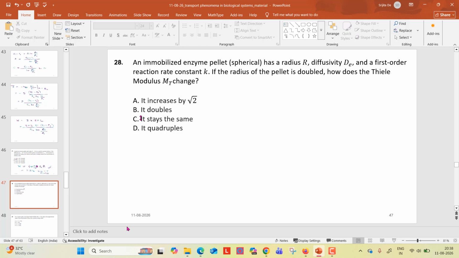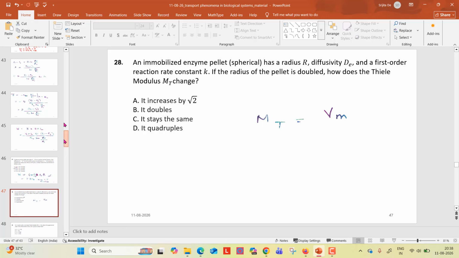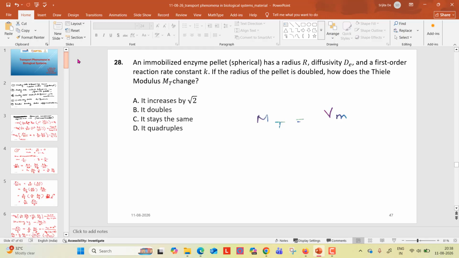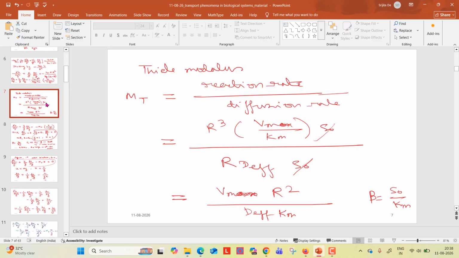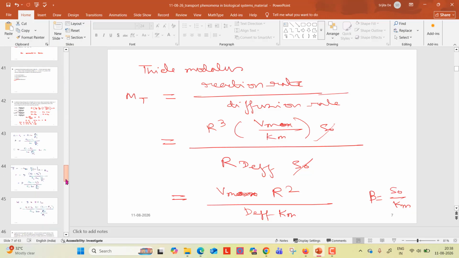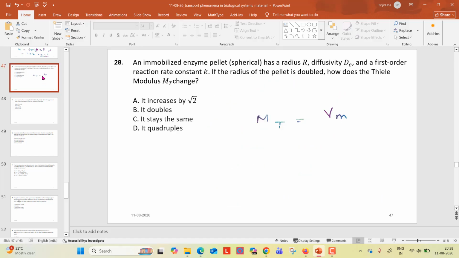In the Thiele modulus expression, if you remember, it was Vm R squared by D effective into Km, right?